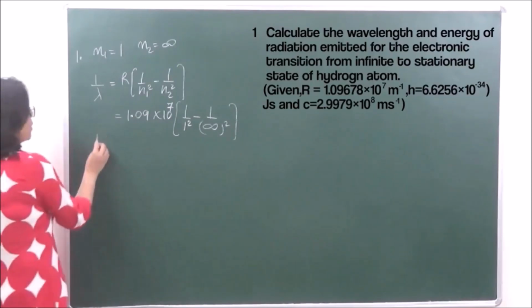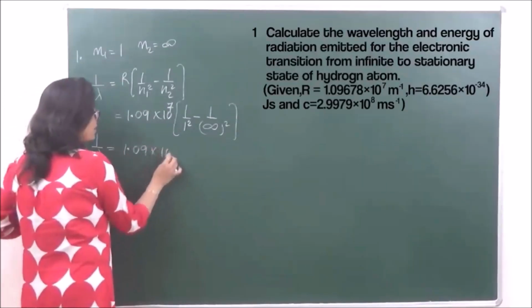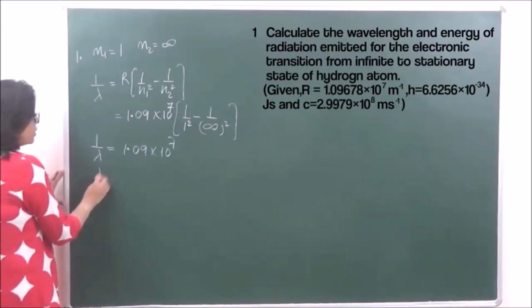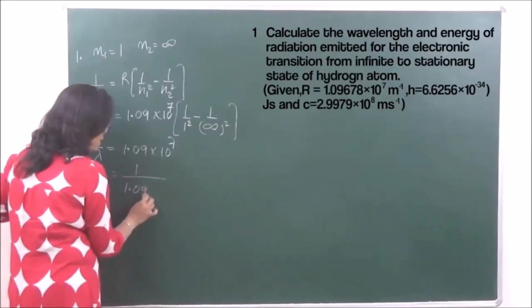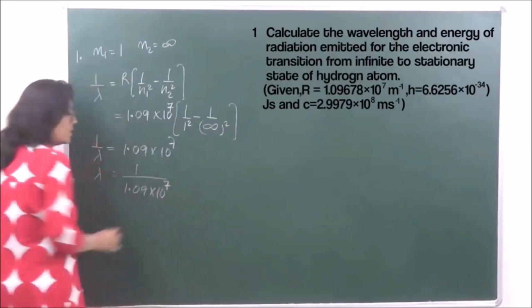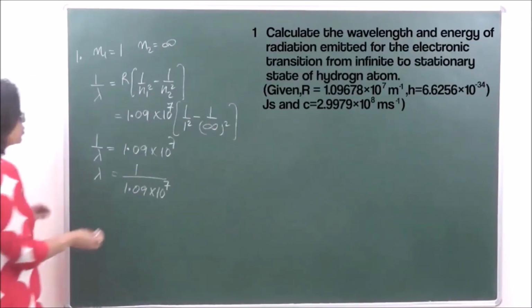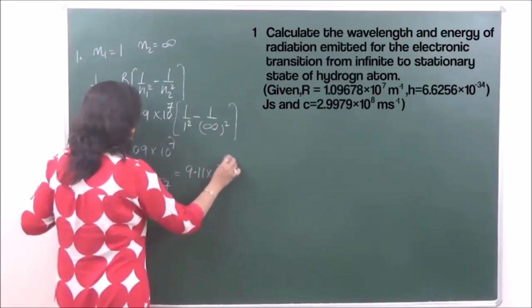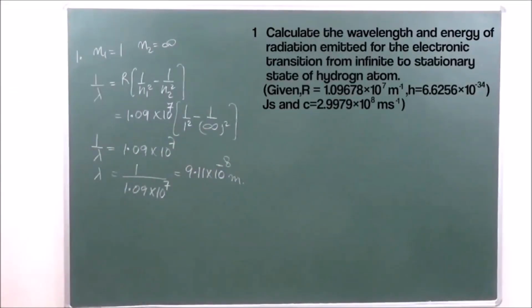So we have 1 upon lambda is equal to 1.09 into 10 raised to the power 7, or lambda will be equal to the reciprocal of this, 1 upon 1.09 into 10 raised to the power 7. When you calculate this, it comes to 9.11 into 10 raised to the power minus 8 meters. So this is lambda.